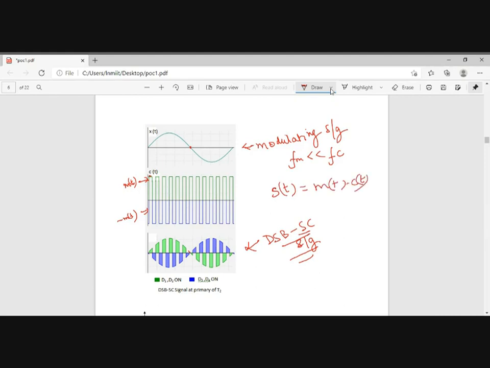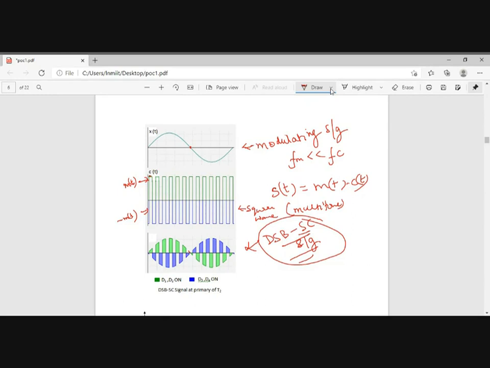Now there is a confusion whether this will be giving a DSB-SC signal, because what I can see is a square wave, right? If this is a square wave, that means it is multitone, that means the carrier is multitone. So how am I saying that I will be getting a DSB-SC signal?